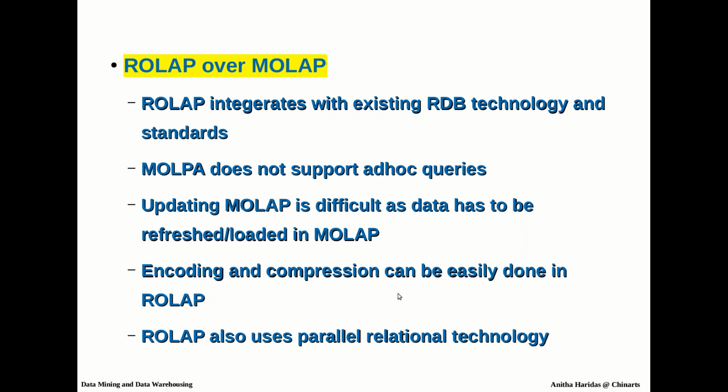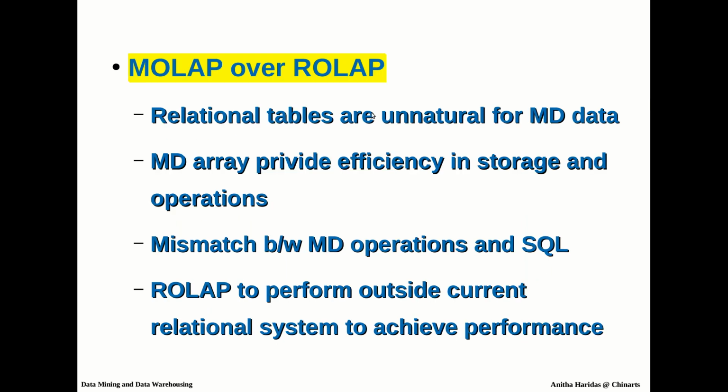And encoding and compression can be easily done in ROLAP, because all the transactional processing will be available and it will have the current data. And ROLAP uses parallel relational technology also, right? So if these are the situations, we prefer ROLAP over MOLAP. If these are the situations, you can prefer MOLAP over ROLAP.